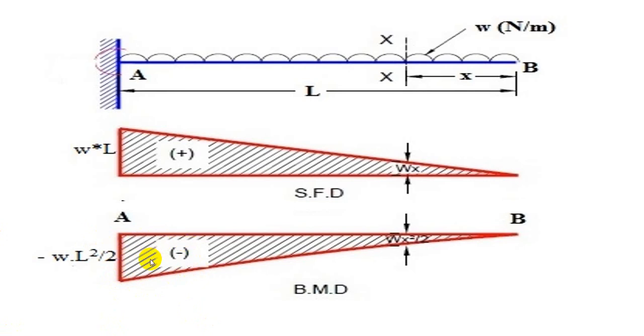For negative moment, tension works in the top, and for positive moment, tension works in the bottom. That's why for negative moment we provide reinforcement in the top. I will show it in detail.